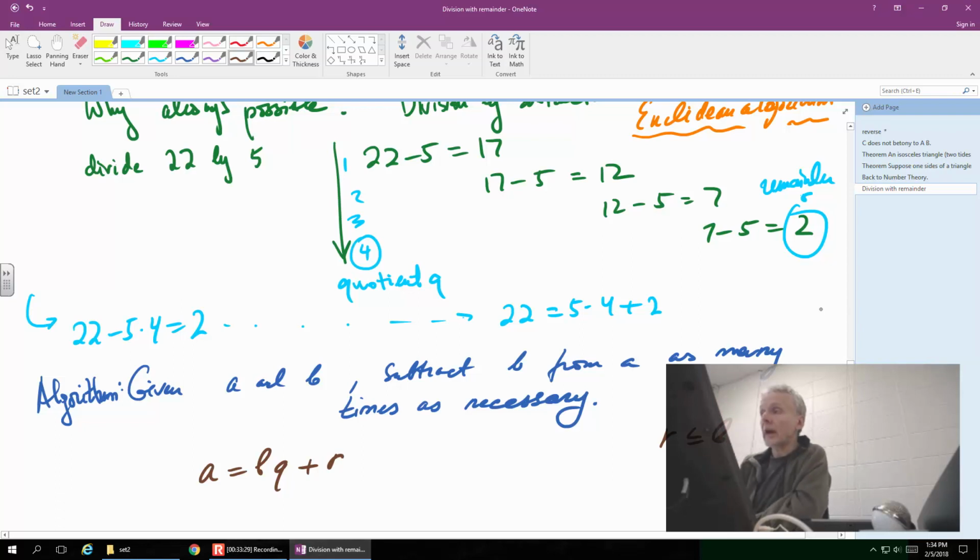You keep subtracting, and as you can see, these are R's, and the equation is satisfied, but the remainder is not small enough for it to be called the remainder. It has to be less than the divisor, otherwise it's not a remainder.